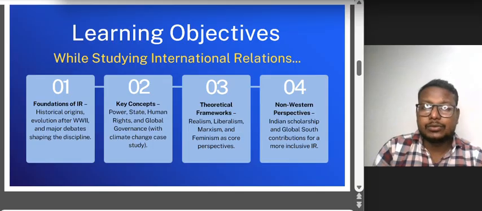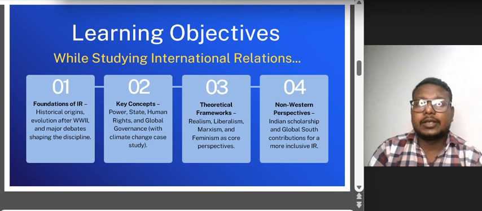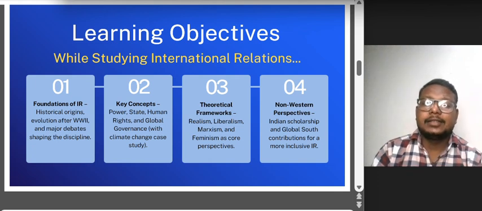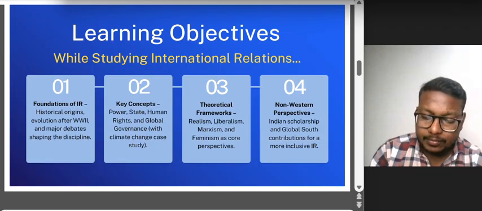This course introduces students to the historical and conceptual foundation of international relations. It traces how the discipline evolved after the Second World War and when new theories emerged to explain world politics.